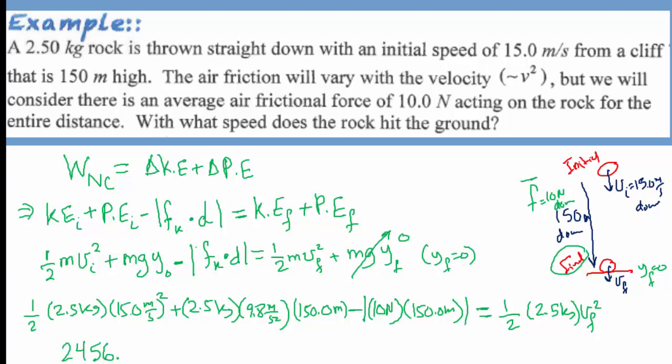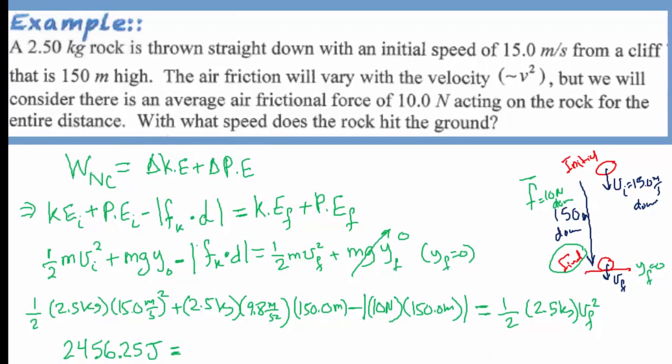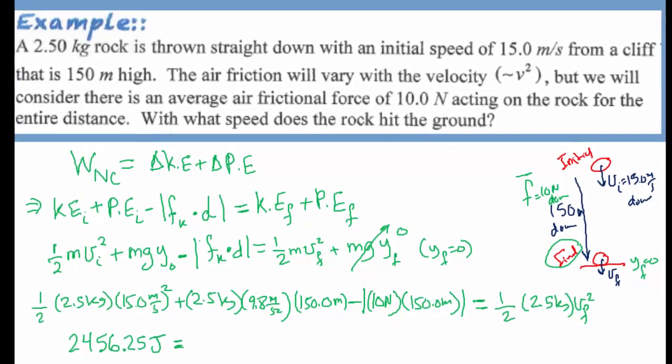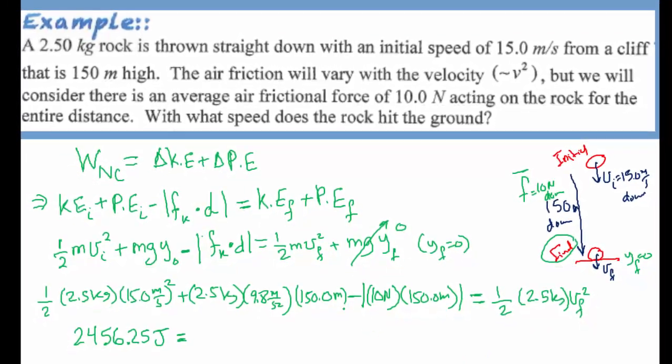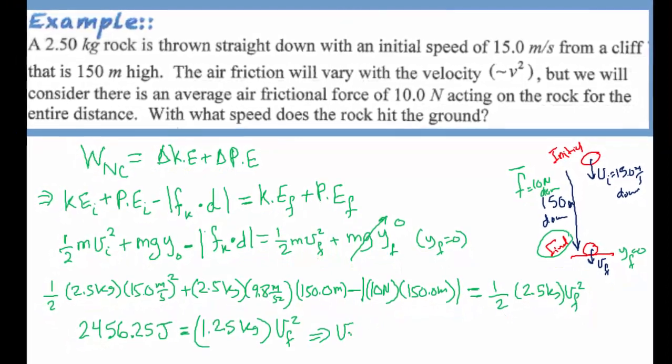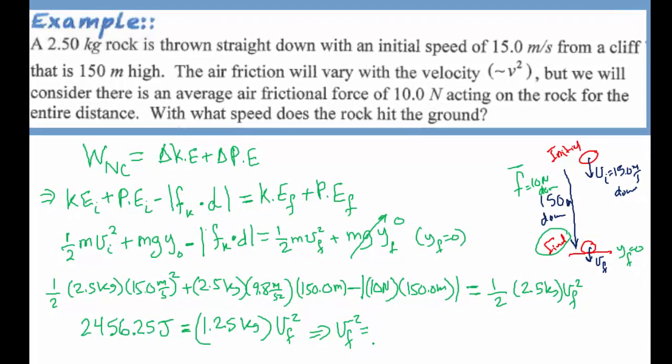And we try to delay rounding off till the end of the problem to get accurate numbers. So this is the left-hand side. This is equal to the right-hand side, which is 1/2 times 2.5, which will yield 1.25 kilogram times the final velocity squared. Now we solve for the final velocity squared, and we take the square root.